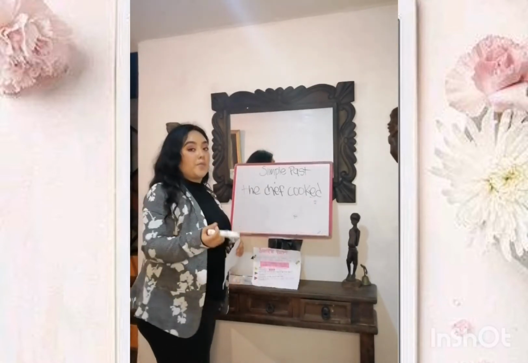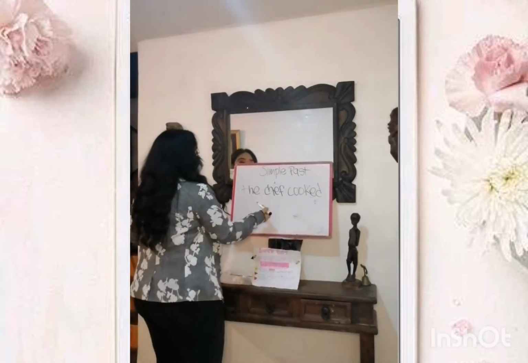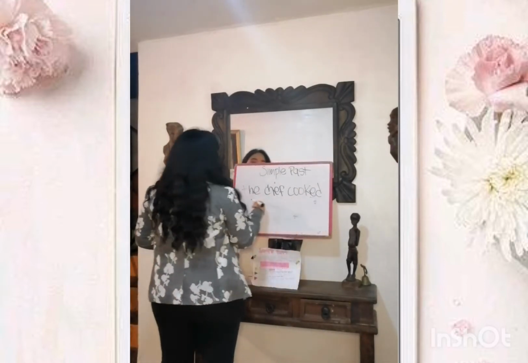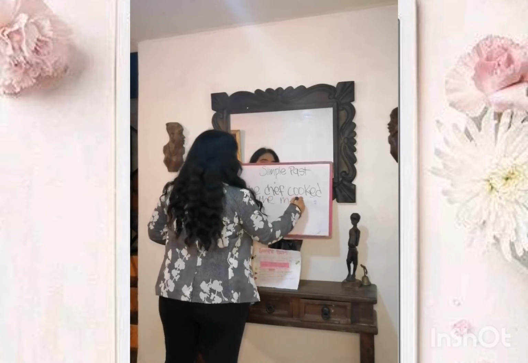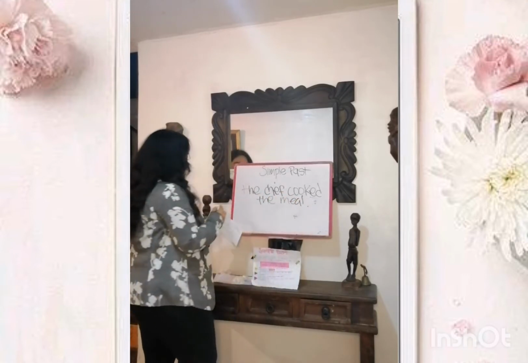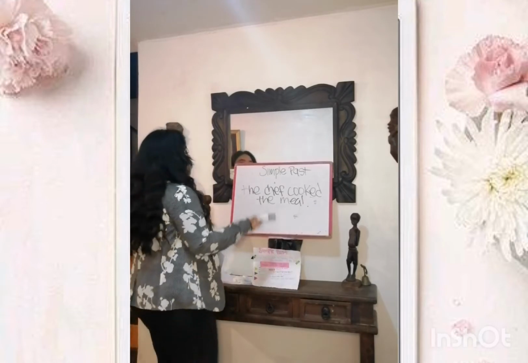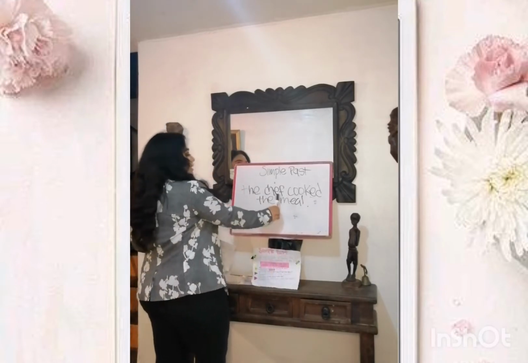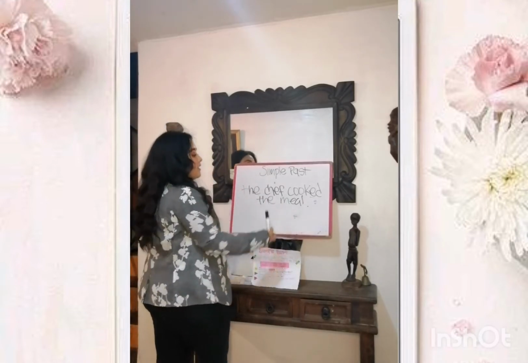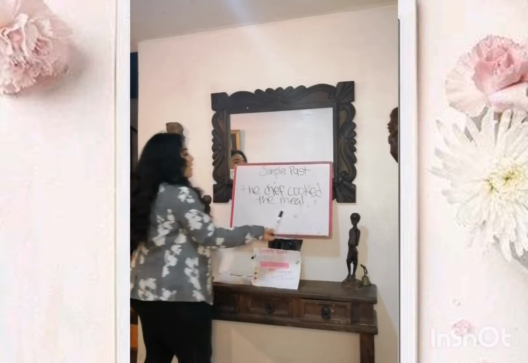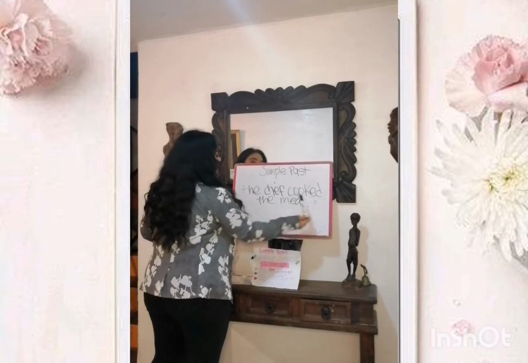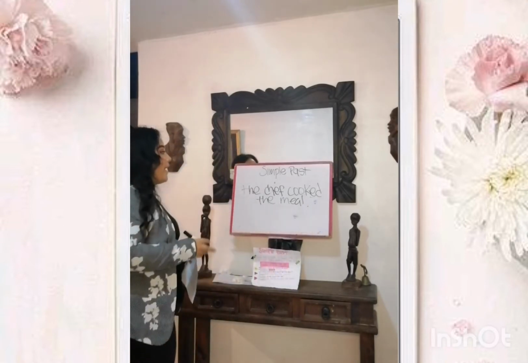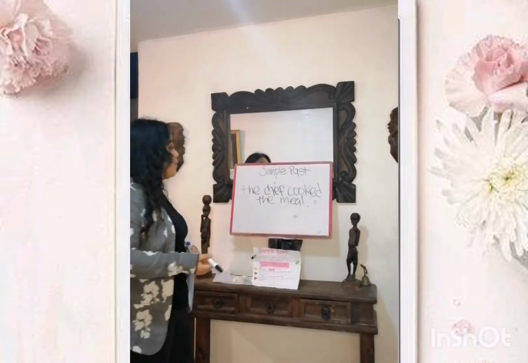So the chef cooked the meal. So this is going to be our sentence. The chef basically is the subject that we are talking about in the sentence, and cooked is the verb in past, and then the complement, which is the meal. So this is another sentence in simple past.